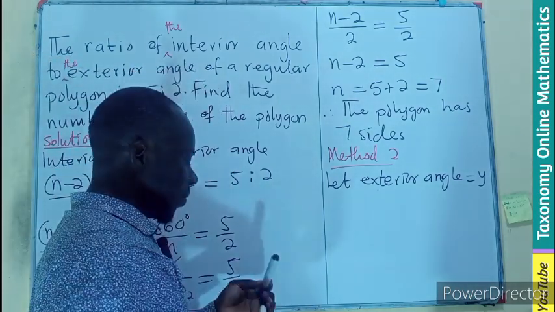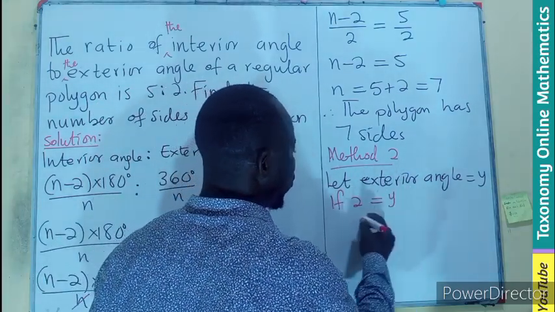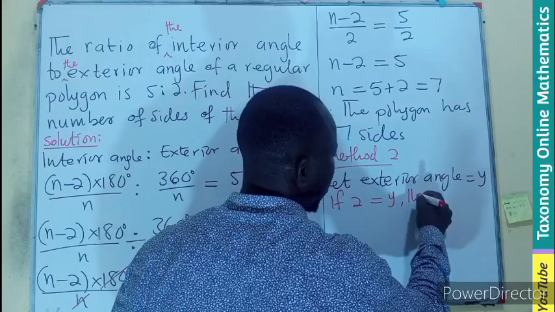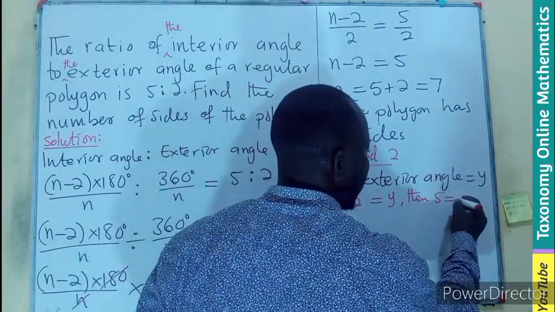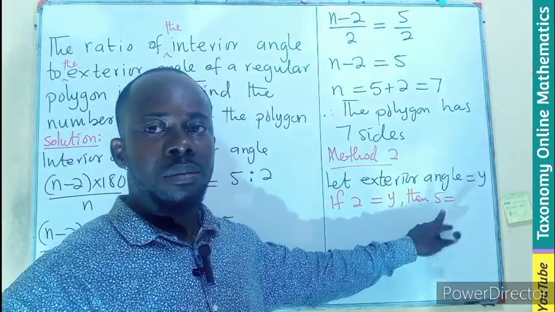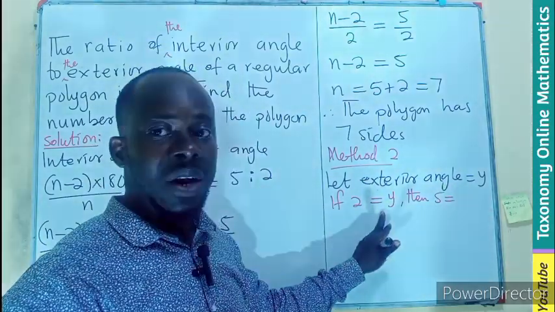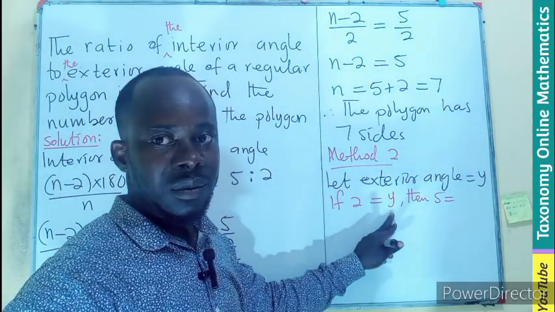Let's pick it this way. If 2 corresponds to y, then we are now going to pick 5. 5 is going to correspond to more than the value that we get for y.